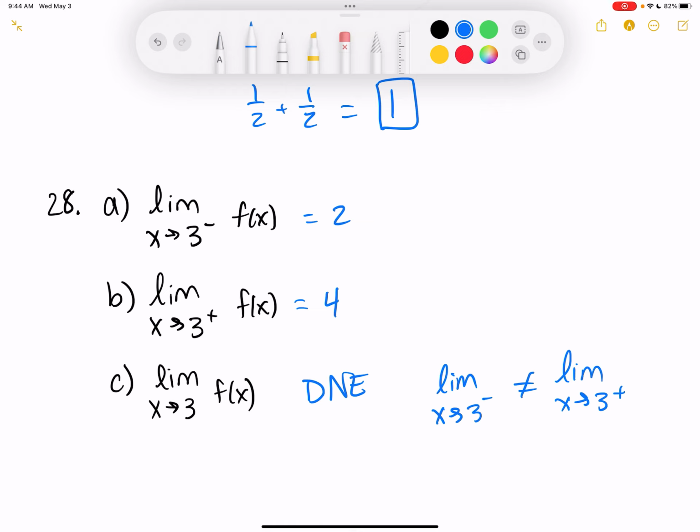I follow this graph coming from the right up till I get here, and I want to know what the value is there. So y was 4 there. If they're not equal, then the whole limit doesn't exist.